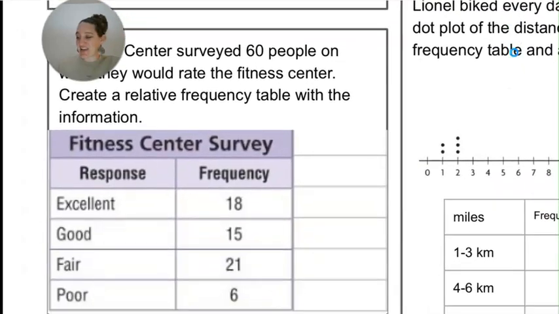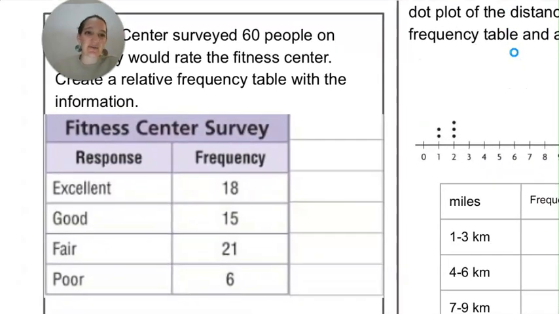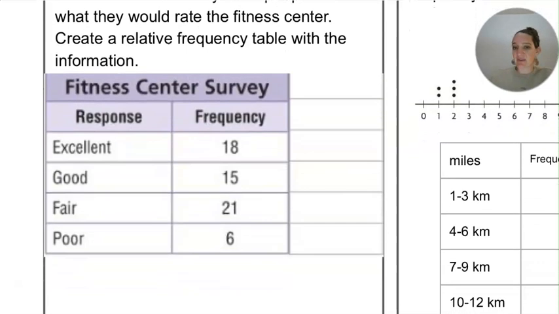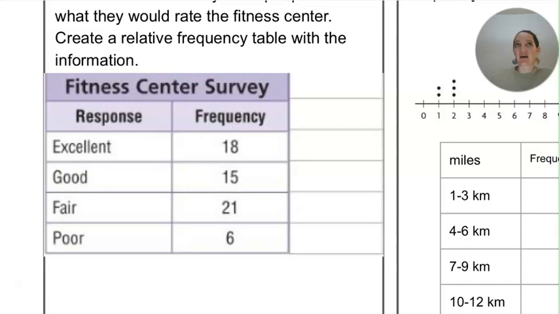All right, let's try another relative frequency table. A fitness center surveyed 60 people on what they would rate the fitness center. Create a relative frequency table with the information. So here's how we do that. In order to make a percent, I like to start with a fraction. And with a fraction, we have the part over the whole, correct?